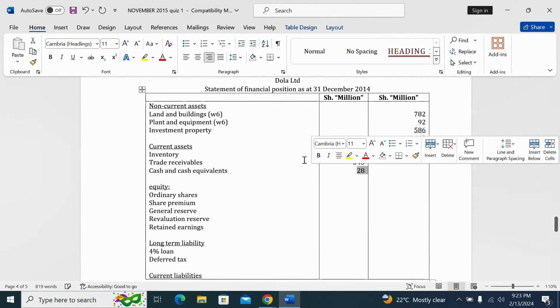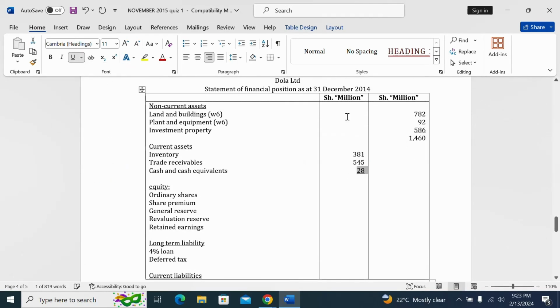We add this together to get our total current assets.